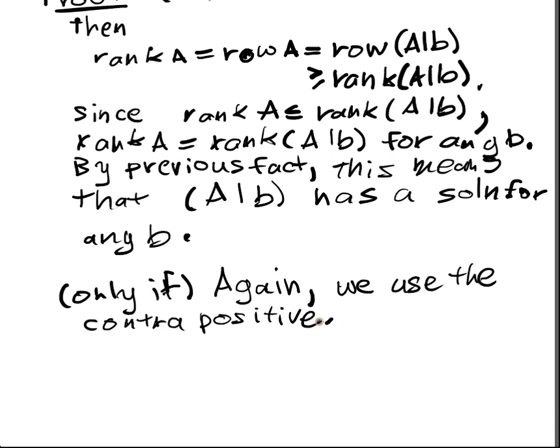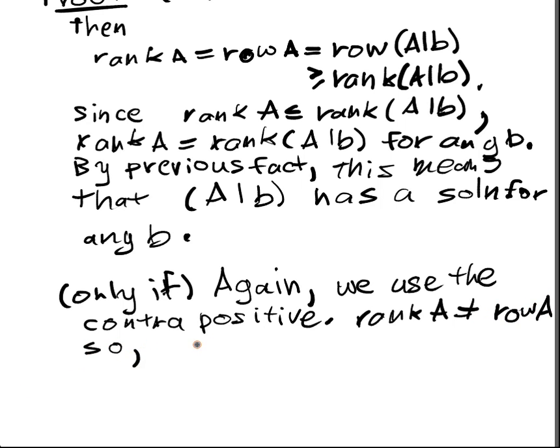Another simple way to imagine what the contrapositive is: it's a statement that's equivalent to an if-then statement. So if we use the contrapositive, we flip and then negate, and the negation of rank A equals the number of rows of A is that the rank of A does not equal the number of rows of A.